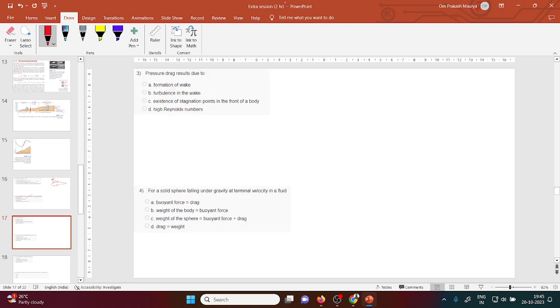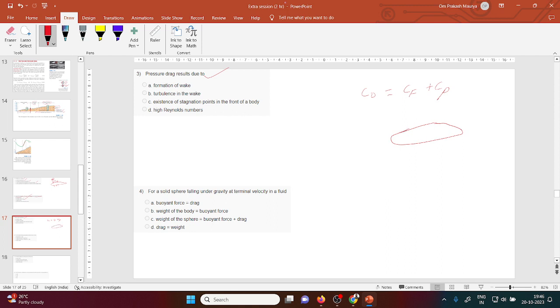Now this is also an important question about pressure drag. I told you before that the drag coefficient is divided into two parts, one due to friction and another due to pressure, right? Let's suppose this is your body.